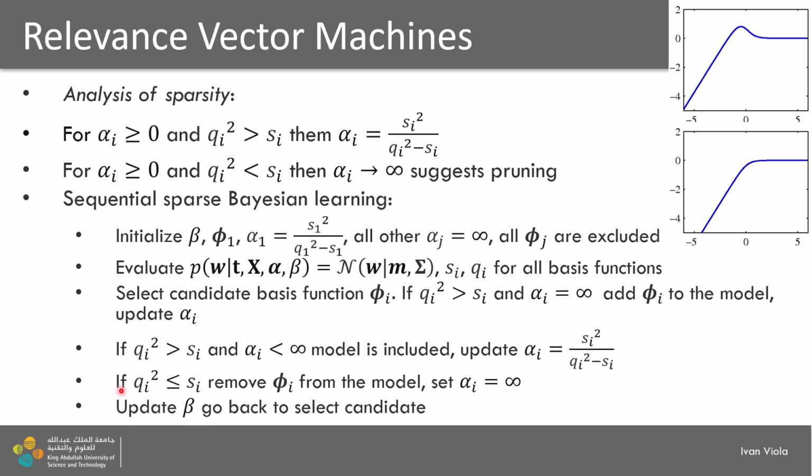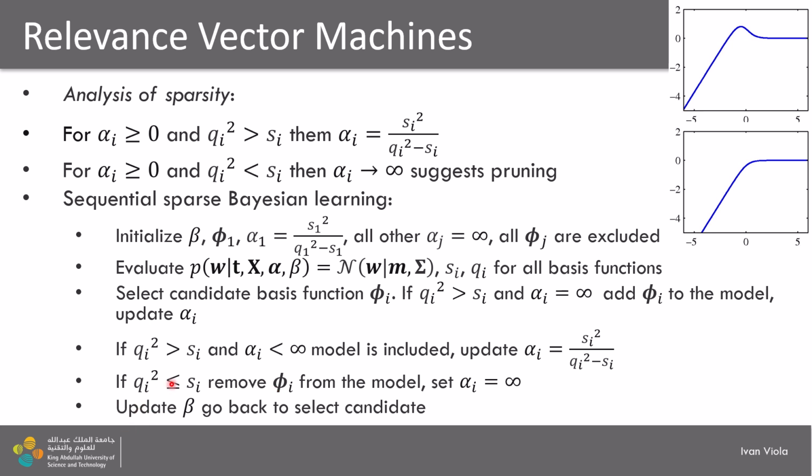And if we realize that these two quantities are in inequality in the opposite direction, namely that Qi squared is smaller than the sparsity, then we remove this phi I from the model and set the alpha I to infinity. And if such a case is already in a removed model or not yet included model, we will simply not add it again.